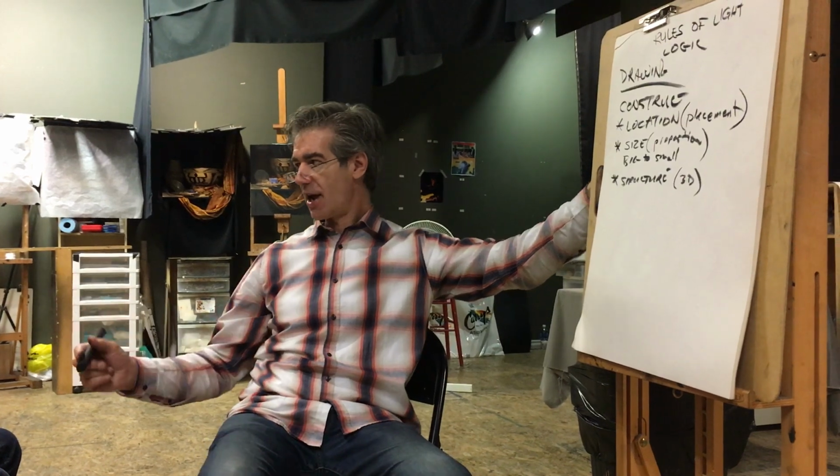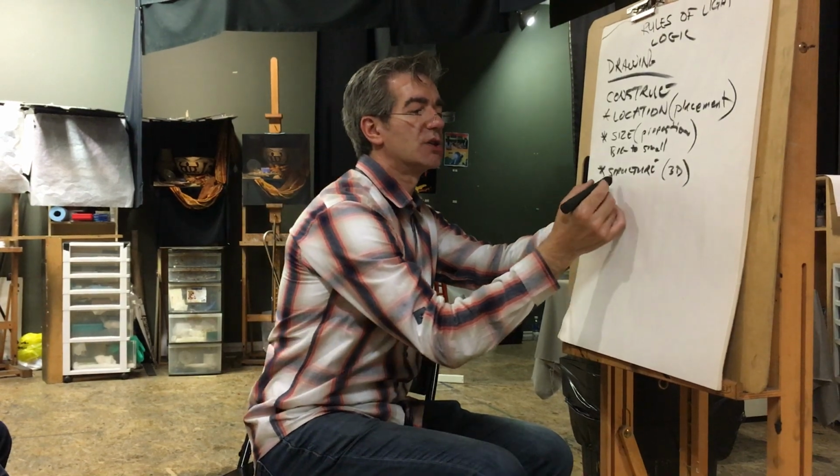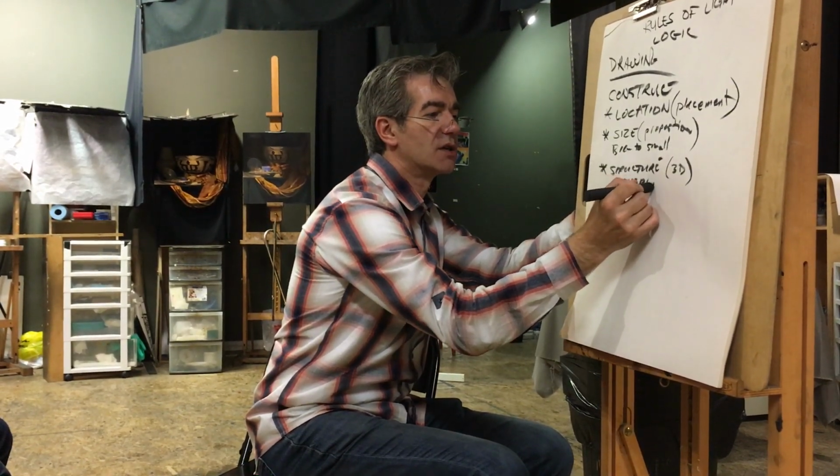You can't shade yet. You can't turn it by going lighter and darker. Yet how can I convey that something is behind, something is in front, something's on top, something's underneath? Well, yeah, you're dealing with the size of things, but what you're going to use to convey the structure is overlap. Using overlapping movements will help you do this.